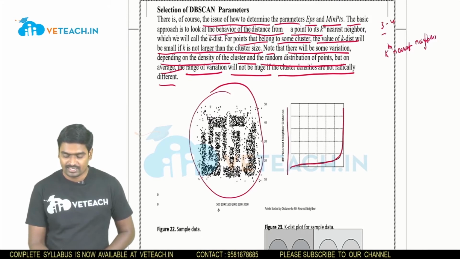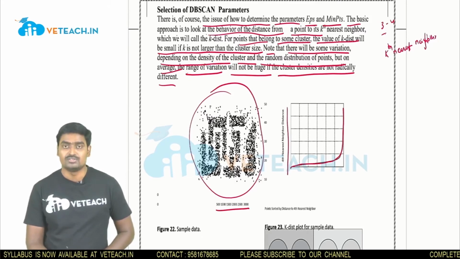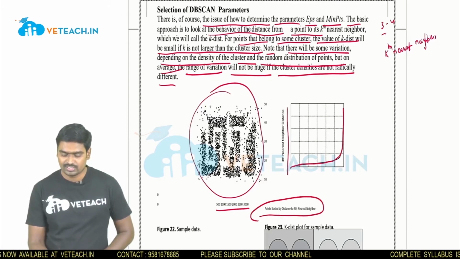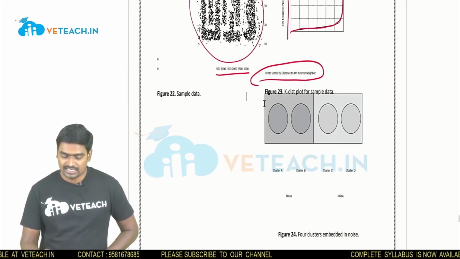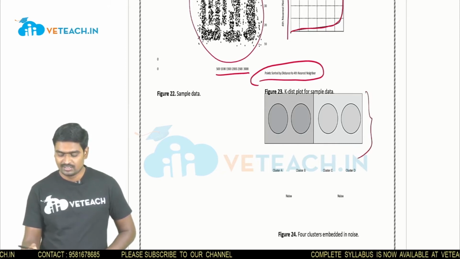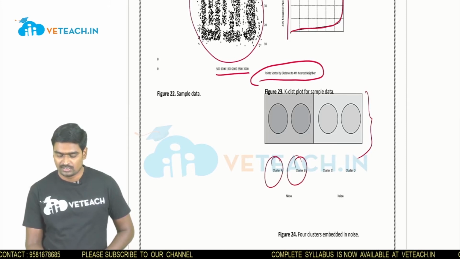The points will be sorted by distance of the fourth nearest neighbor. This is the k distance plot for sample data, with 4 clusters embedded in noise. These all are the noise.